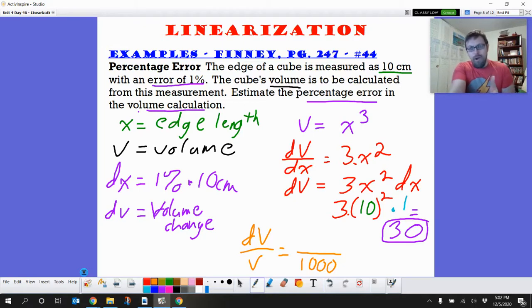But I know that I'm off by a little bit, so that is going to shift by 30. Could be more, could be less. Type that into your calculator, you get 0.03, which is 3%. So that is our percentage error.